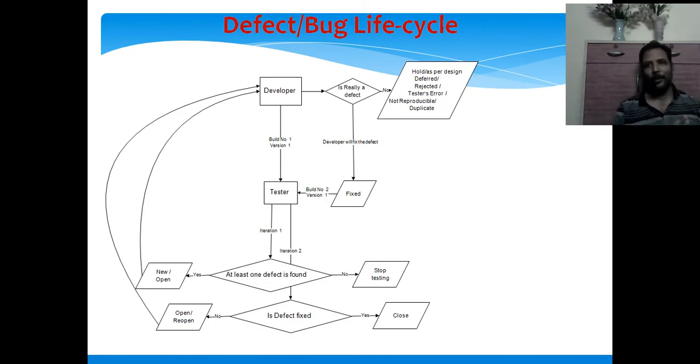So a test engineer will first find the defect, and after identifying the defect, he will document the defect in the defect report and put the status as new. And after reviewing, means after checking or verifying the defect, the test lead will change the status from new to open.